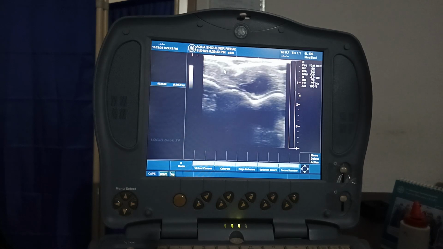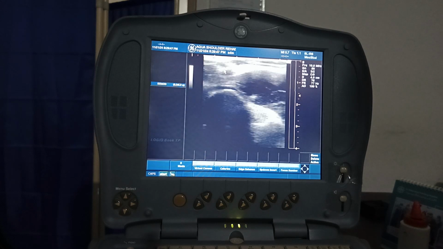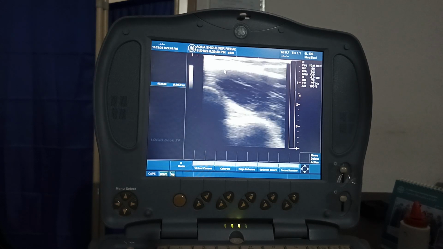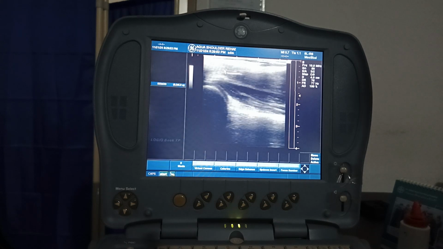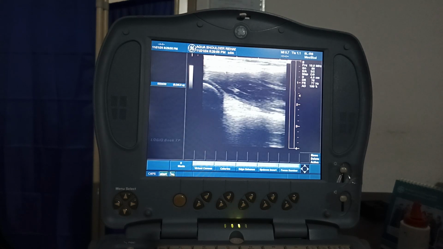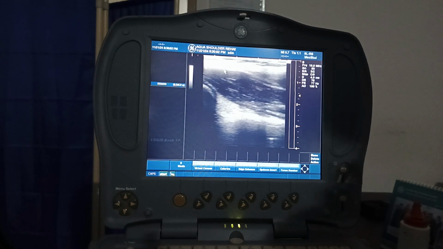Can you see that moving? Keeping it here, if I rotate it, can you see the tendon's appearance and the muscle down? The tendon is more superficial and is hyperechoic. And look at the muscle. Can you feel the difference?